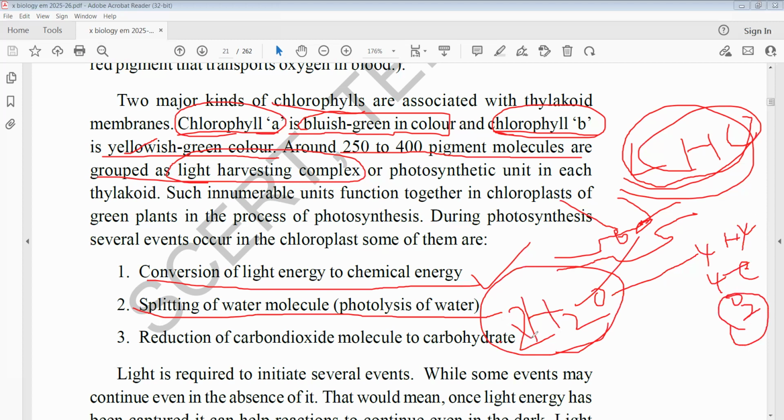If only one water molecule breaks down, how much oxygen is released?